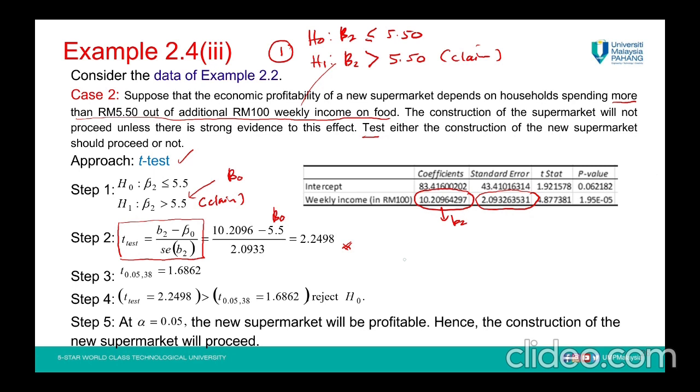In step 3, we want to establish the test criterion by finding the critical value and the rejection region. Since the t-test is used in step 2, we need to compare with the t critical value.